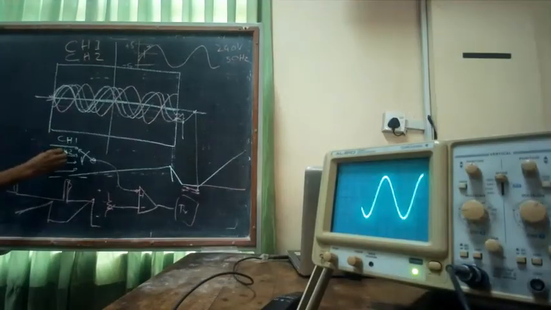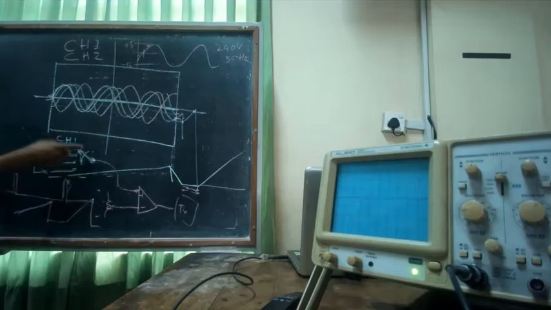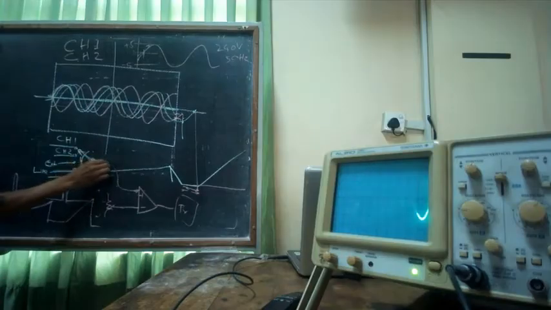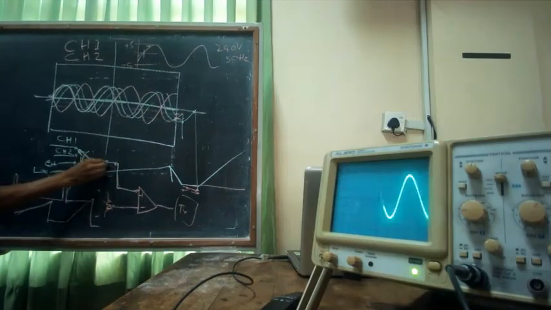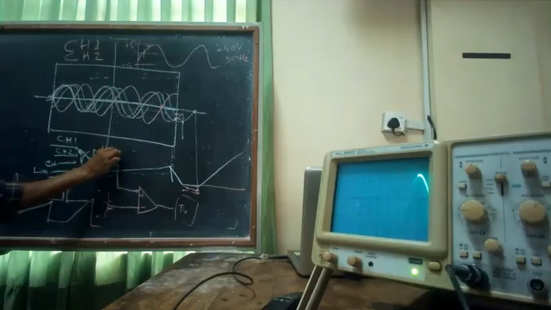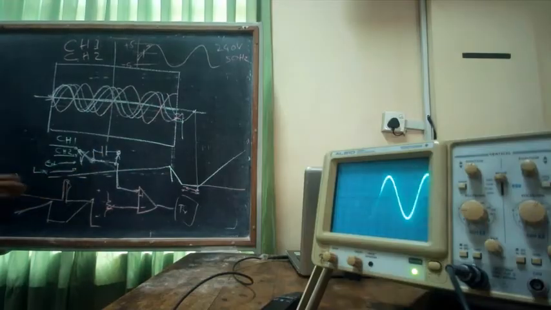Channel 1, channel 2, external and line, you connect through a switch which you move. DC coupling means you are directly coupling it to my amplifier. Direct coupling. AC coupling means through a capacitor.